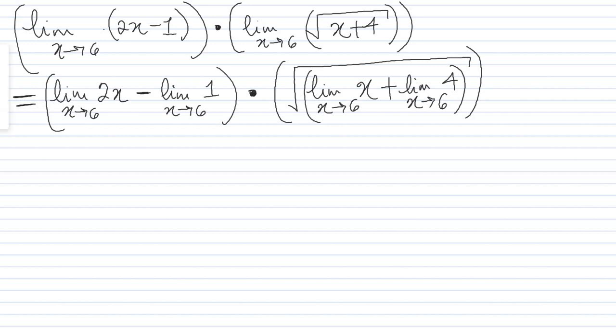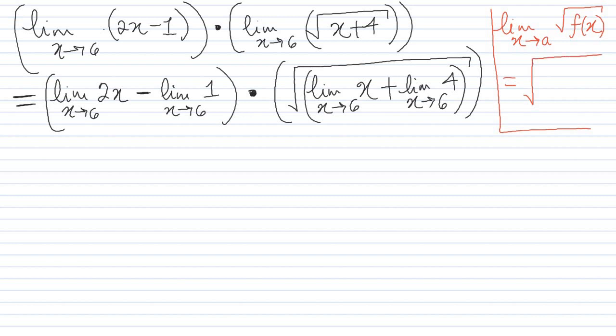If you're given a limit as x goes to a of the square root of a function f of x, the way you apply that limit is to take the square root of the limit of f of x as x goes to a.